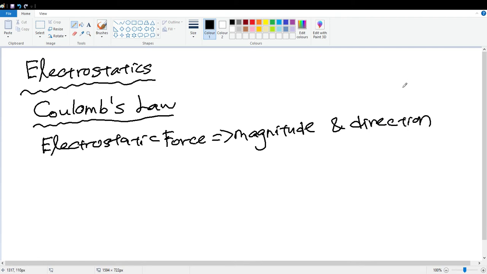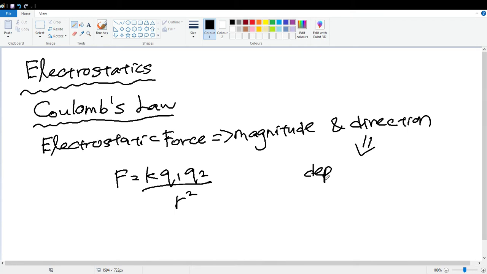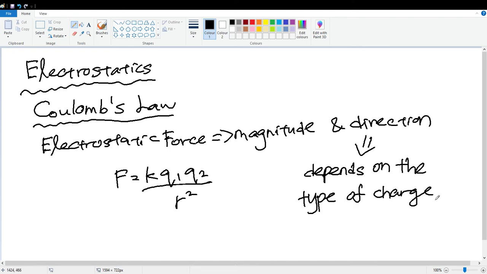The magnitude of the electrostatic force can be calculated using this formula, k Q1 Q2 over r squared. As for the direction, it depends on the type of charge.